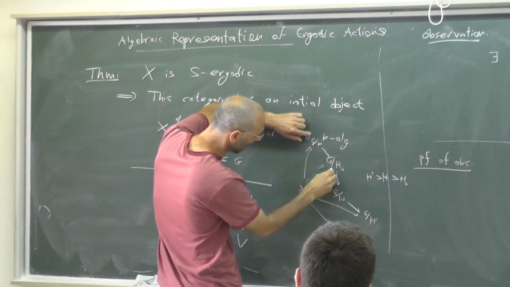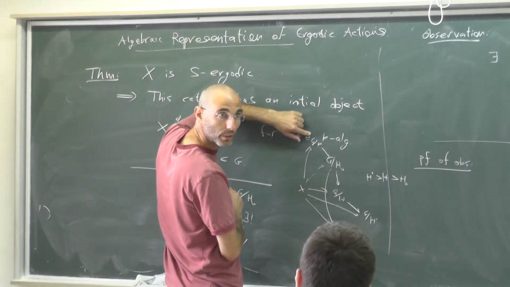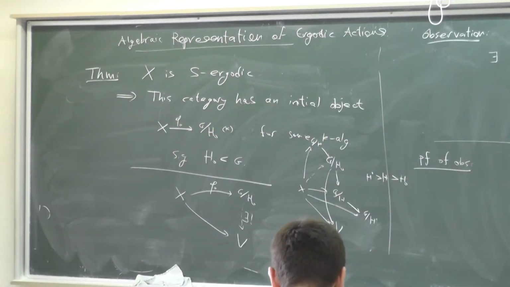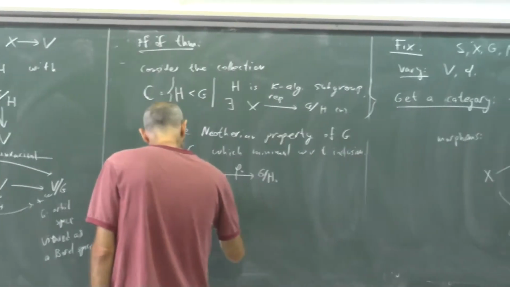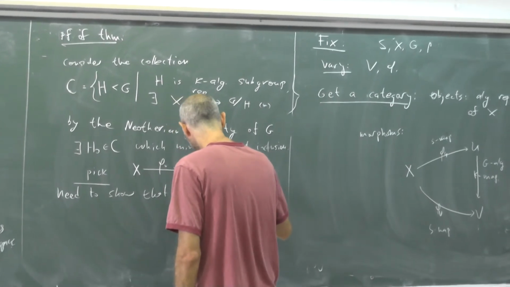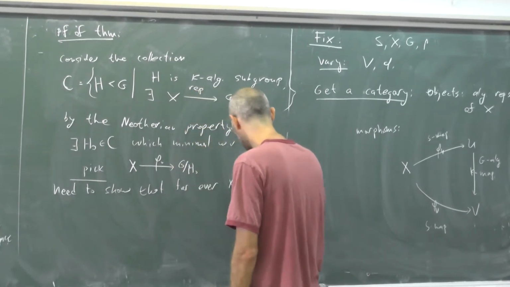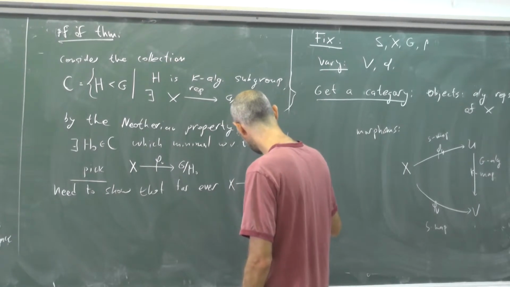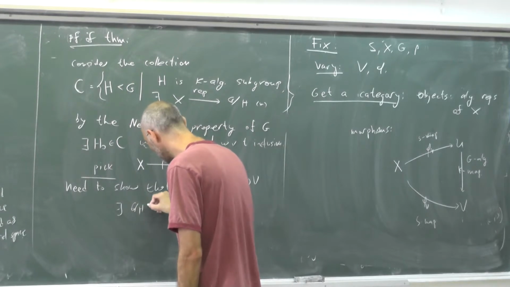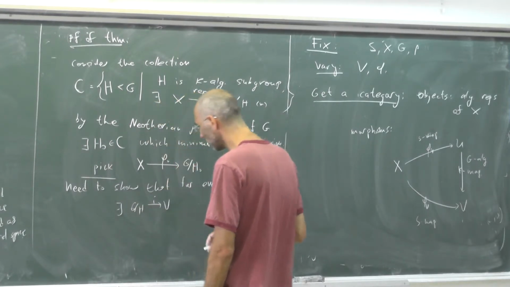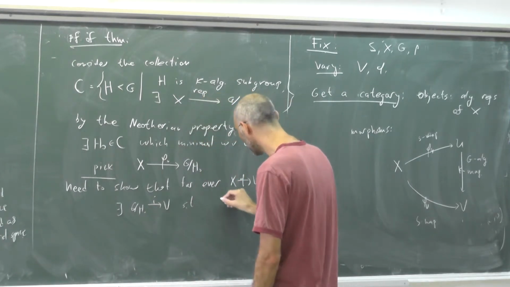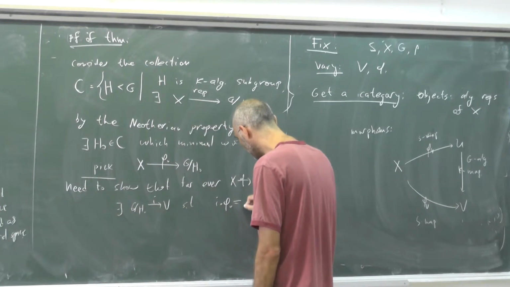But it's still not clear that I can go from G mod H0 to V. I need to show that for every X to V, there exists a map G mod H0 to V, let's call it I, such that if I compose it with phi 0, I will get V.